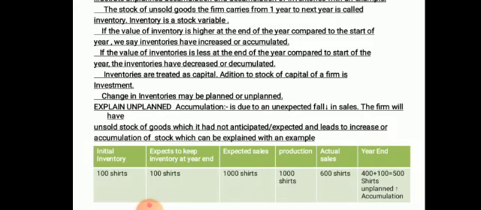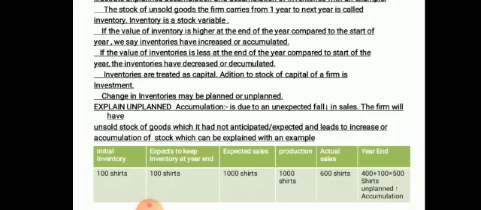It wants to keep, due to any reason maybe, at the end how many shirts? 100 shirts. It has started with an inventory of 100 shirts. This year also it wants to keep a stock of 100 shirts, and it expects to sell how much? 1000 shirts. So it does the production of how many shirts? 1000 shirts.